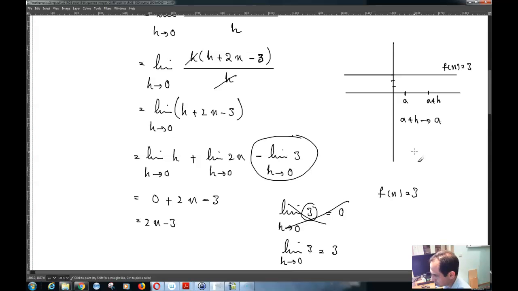The 2 points get very close. And of course, you can see that wherever you go in this function, the value of the function is going to be equal to 3, 3, 3, and so on and so forth, from negative infinity all the way up to positive infinity. So then you can say that, of course, the limit of 3 as h tends to 0 is just simply 3. So that is that.